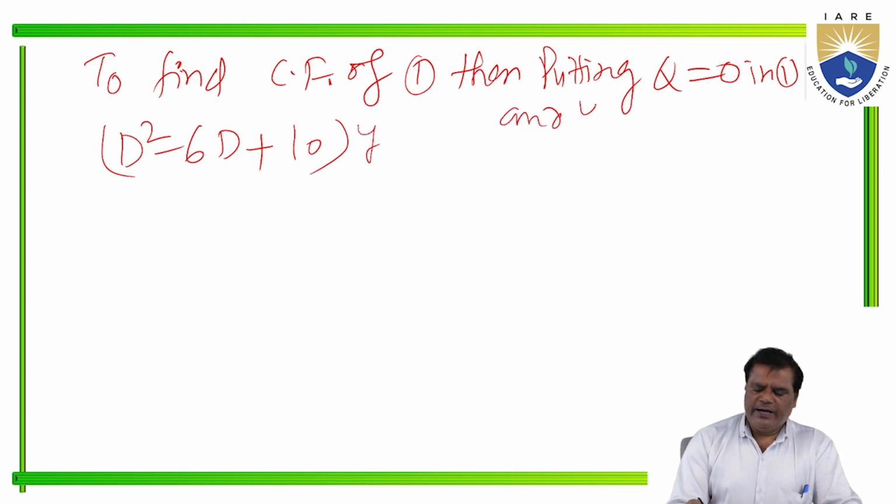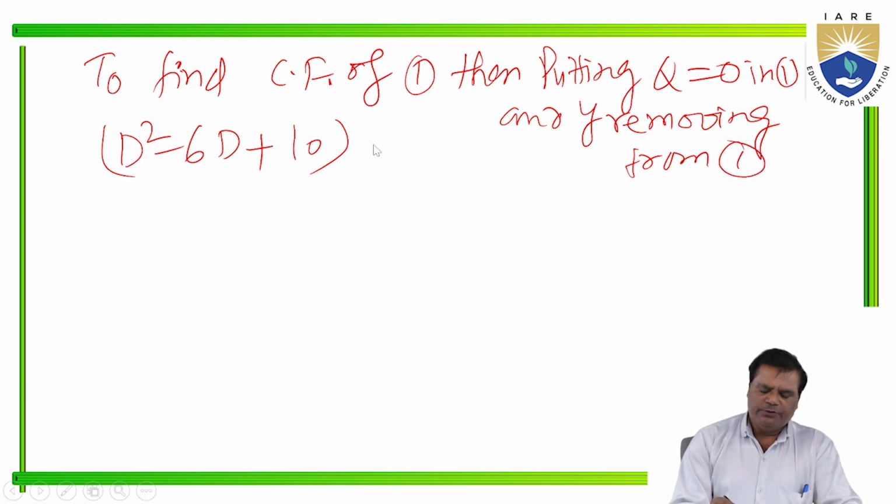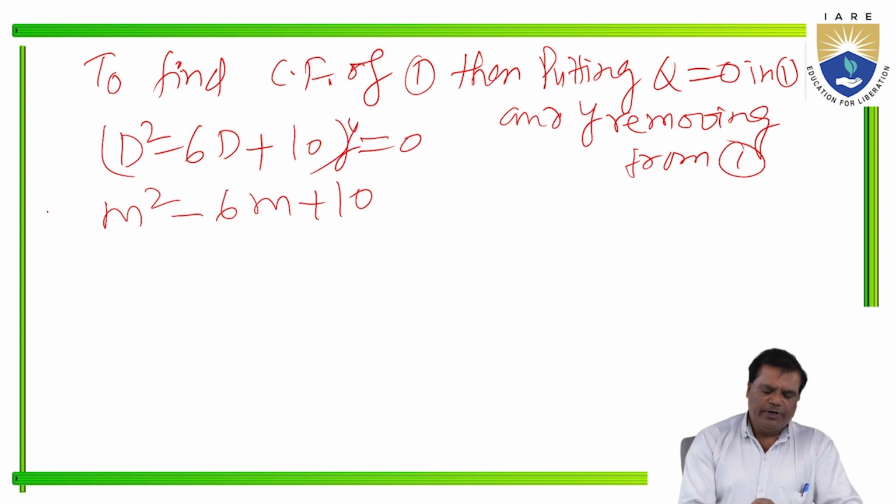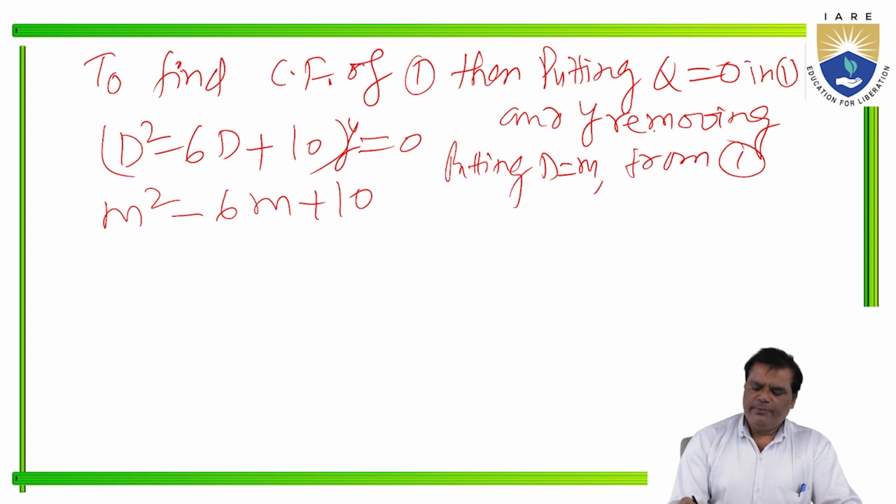Removing y, putting d equal to m. So this equation is m square minus 6m plus 10. First of all, putting q equal to 0 and putting d equal to m and removing y, then we get this result 0.